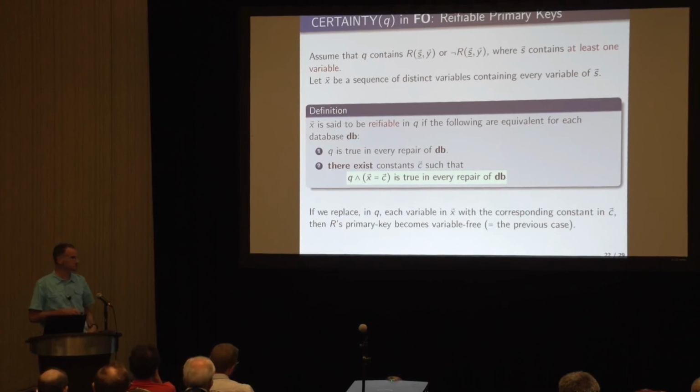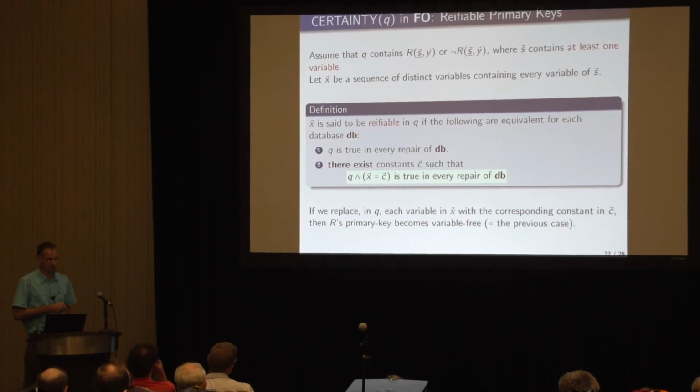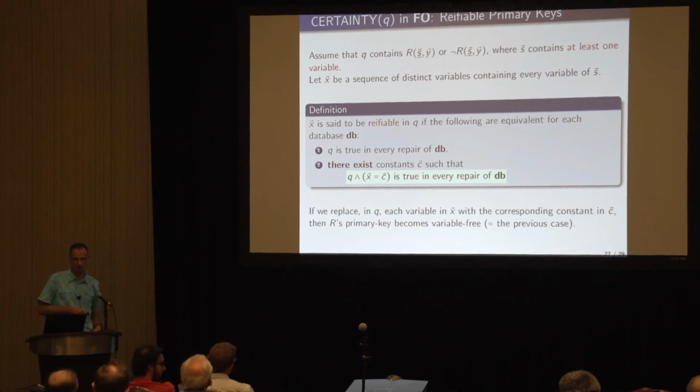And then, of course, if you have such a reifiable primary key, then you are back in the previous case, right? Because with the first order rewriting, you can reify the primary key, and then you have a primary key without variables.